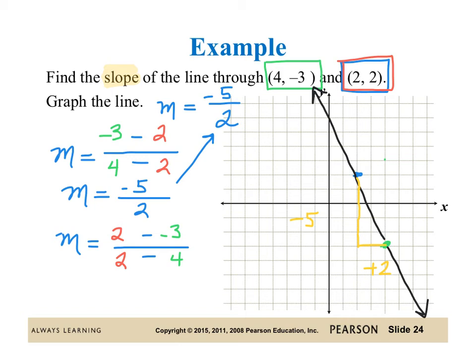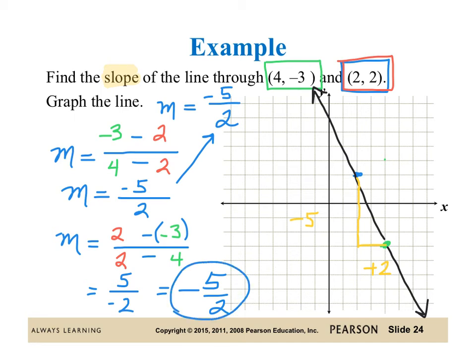Notice that the only difference is that I have 2 minus -3, which is 2 plus 3, which is +5, over 2 minus 4, which is -2. And -2 on the bottom doesn't change the fact that the entire slope is -5 over 2. So that is your slope.